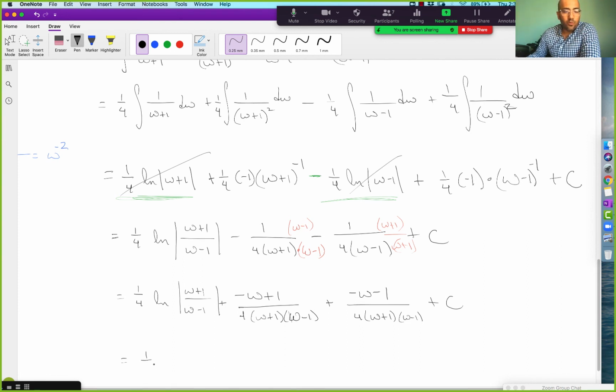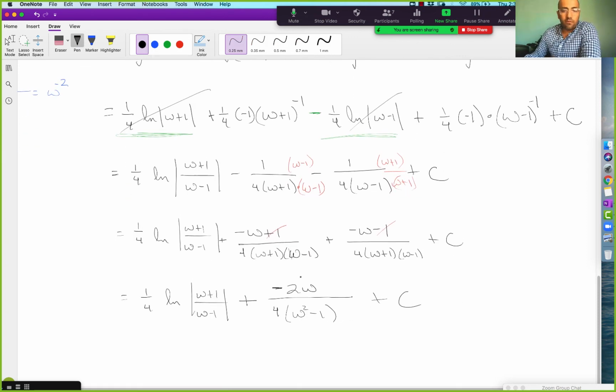And so we end up with 1/4 ln of (w plus 1) over (w minus 1), plus a giant fraction where the denominator is going to have a 4 times the product of these two, which we already know is equal to w squared minus 1. And then the numerator has these two, and so we'll end up with minus 2w, and the plus 1 and the minus 1 cancel. So just minus 2w plus a constant.